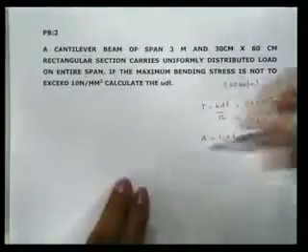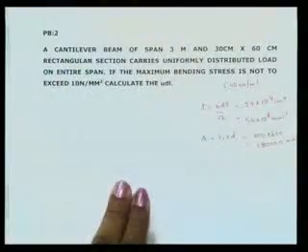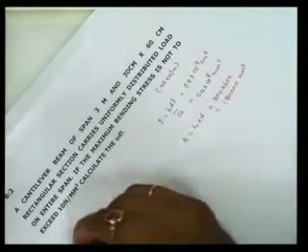So to start with, suppose we say they have given you a cantilever beam of span 3 meters, right? I will write down the word given to make it easier. The span is 3 meters and it is a cantilever beam. So we have to draw a cantilever beam, right?